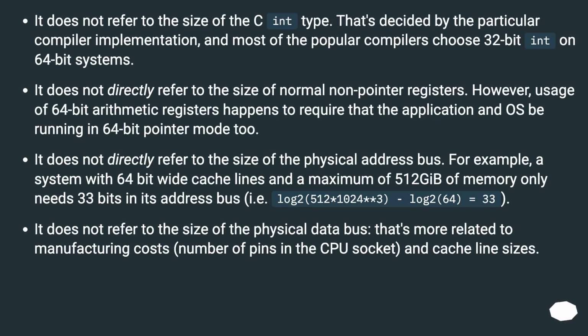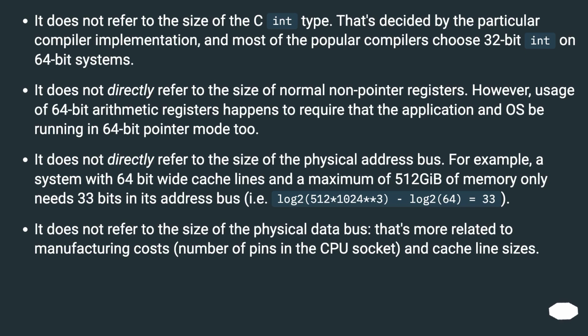It does not directly refer to the size of normal non-pointer registers. However, usage of 64-bit arithmetic registers happens to require that the application and OS be running in 64-bit pointer mode too. It does not directly refer to the size of the physical address bus.